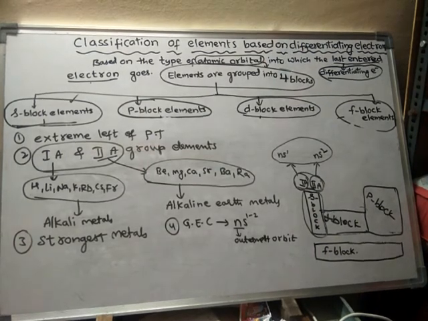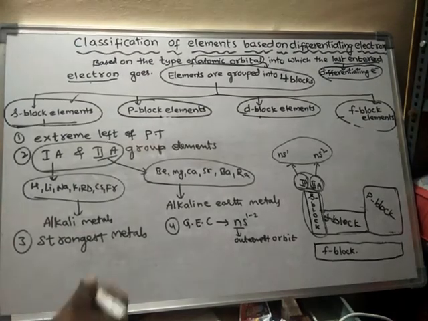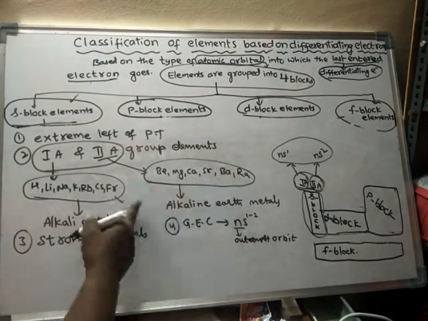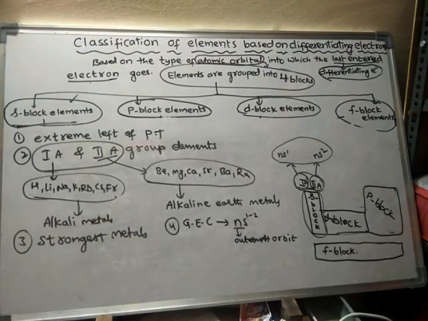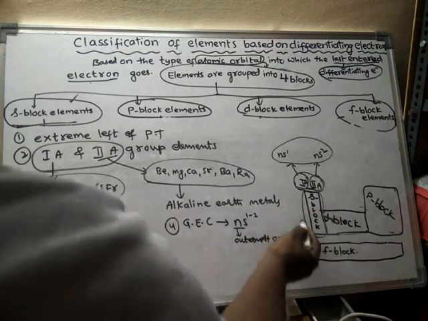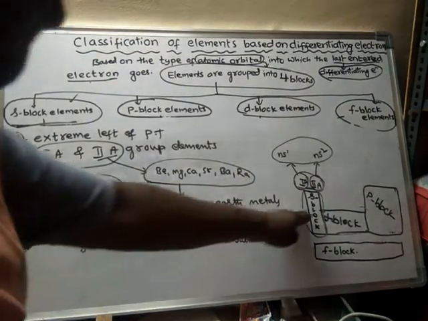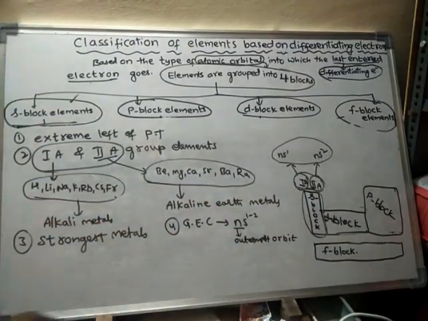In alkali metals the configuration is ns1, as I have already written. These are highly reactive elements. Out of all metals, which are highly reactive?